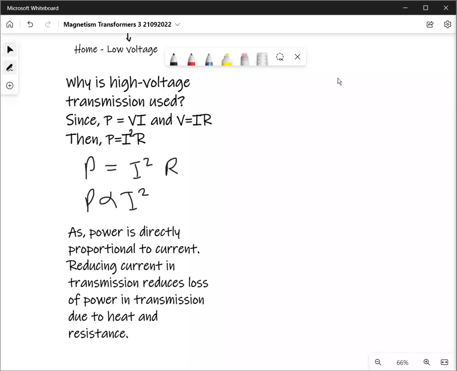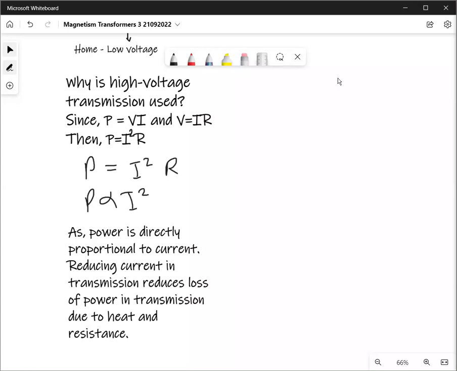Next question, Shreya. You tell me what causes resistance and heat in transmission? So when you reduce the current, the heat and resistance get reduced.